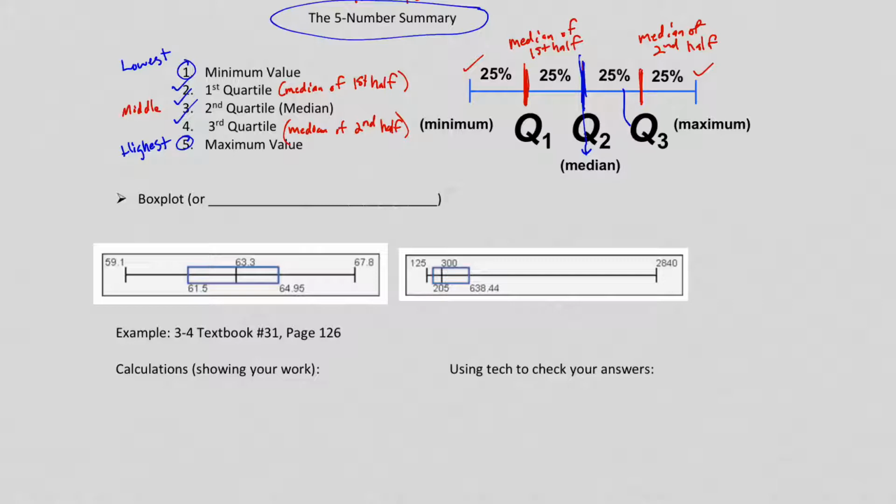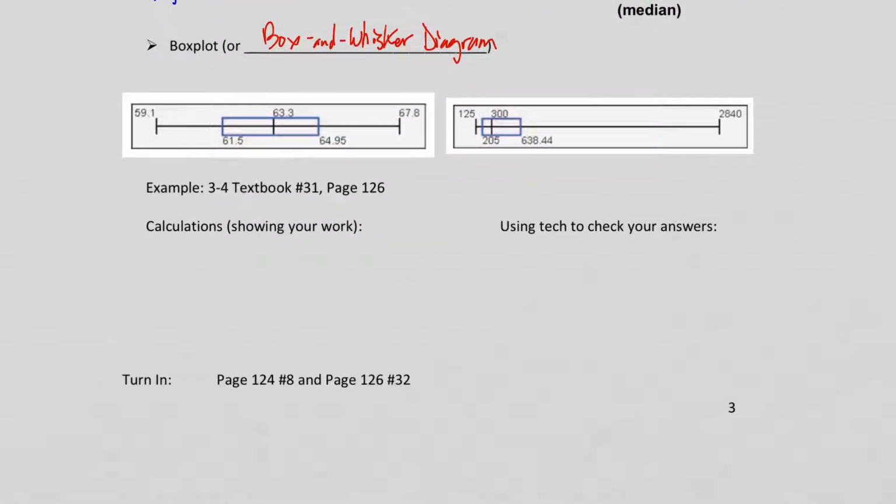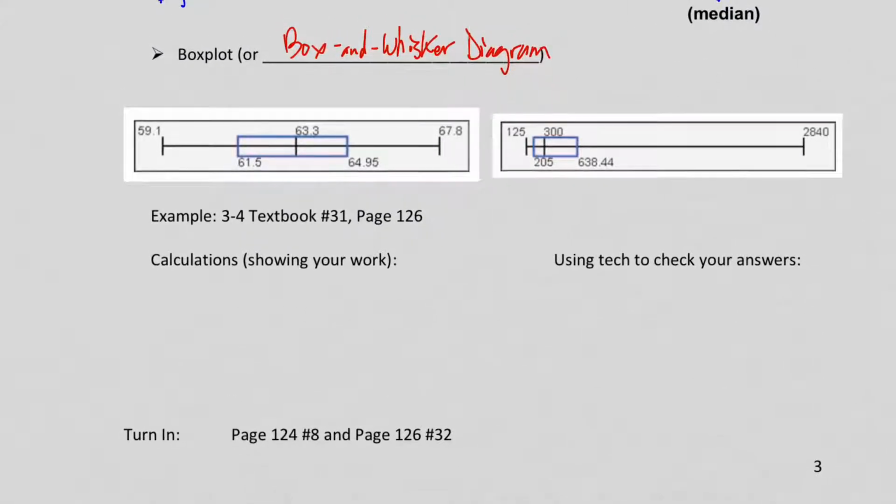So a box plot is the same as a box and whisker diagram that you probably have done in middle school or high school, depending on where you received that information, but we're just going to call it a box plot.